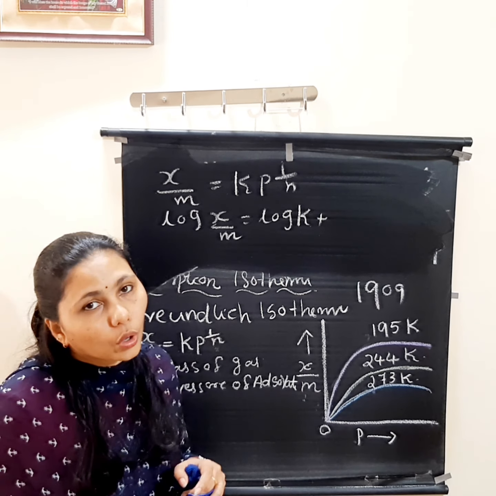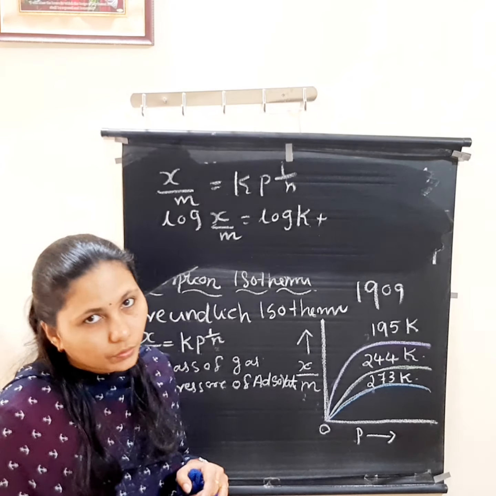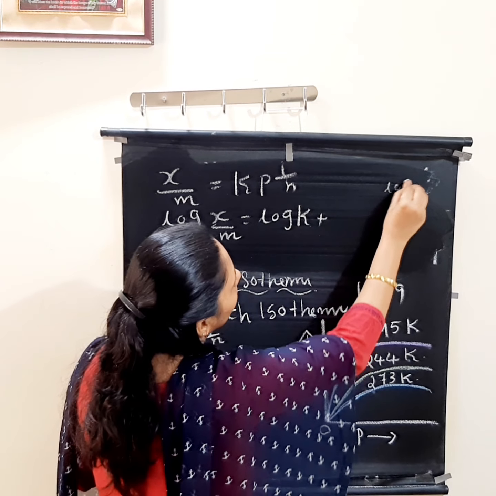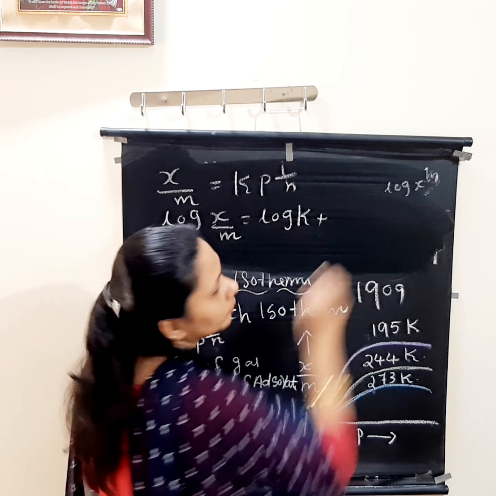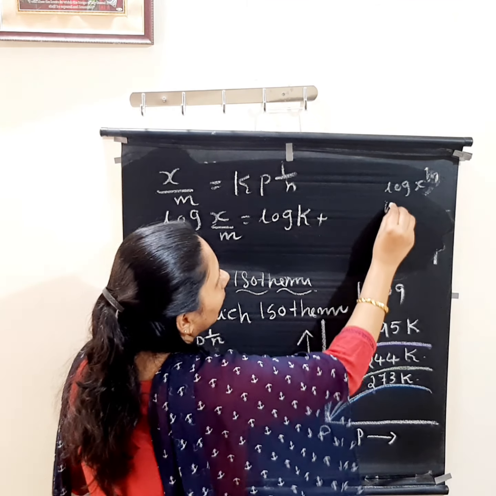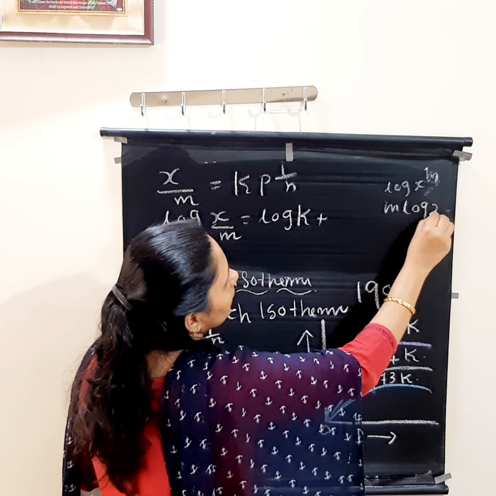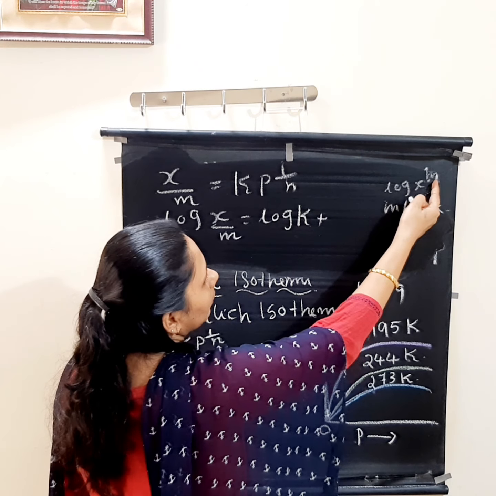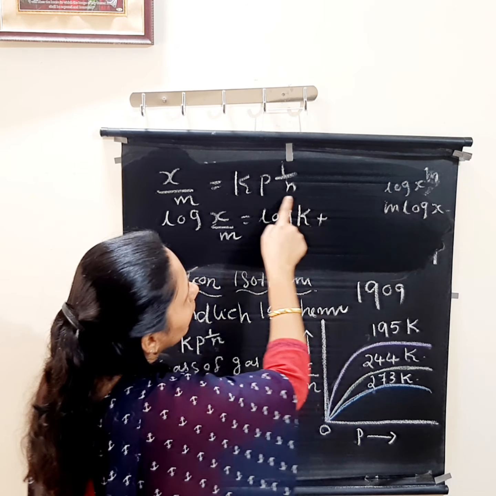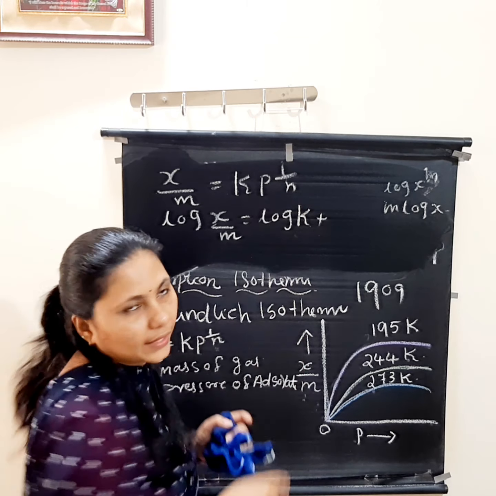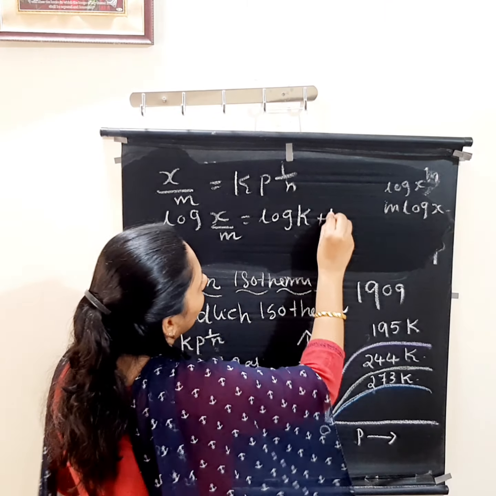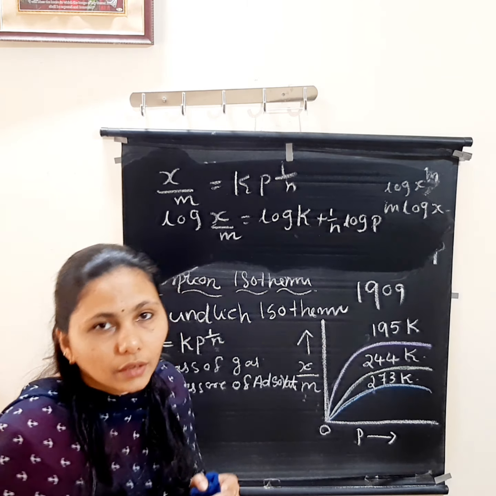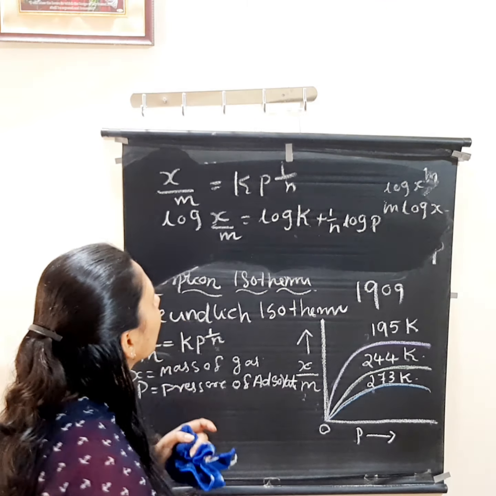Multiplication in log becomes a sum. Log of something raised to m means m log of that thing, according to the logarithm rule. So here p raised to 1 by n becomes 1 by n log p.